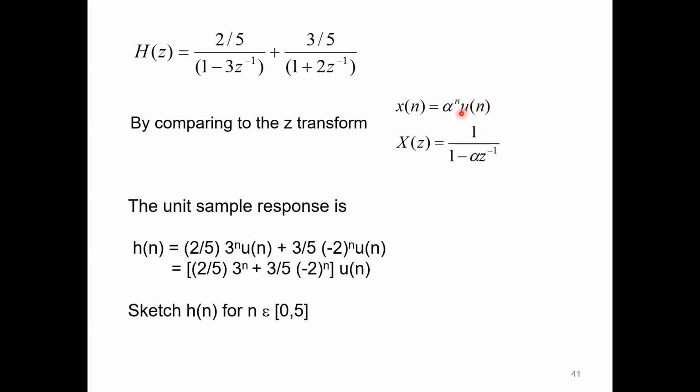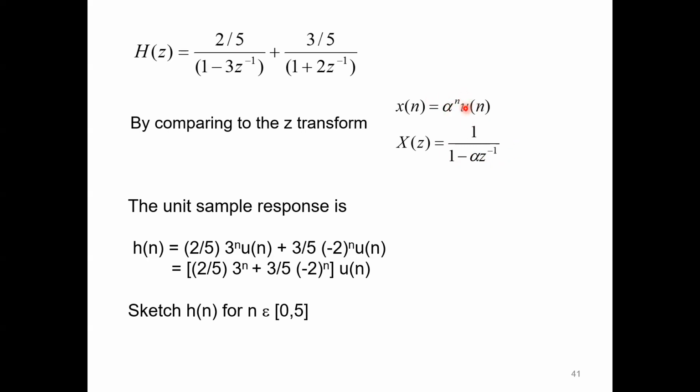But the actual magnitude is alpha to the n, some constant to the power n. If your function is like that, in the z domain, the z-transform of that one is 1 over 1 minus alpha z^-1. Remember this format. If you go to the table, you will see this, if x[n] is alpha^n u[n].